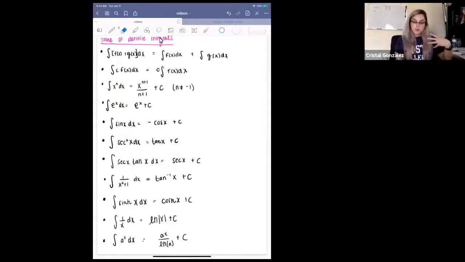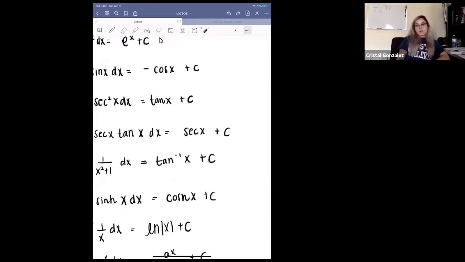And before, when we took the derivative of an inverse tangent, the derivative of an inverse tangent was 1 over x squared plus 1. Same thing here. This next one is a little bit tricky to memorize, but I think I did go over it in 4.7 as well.